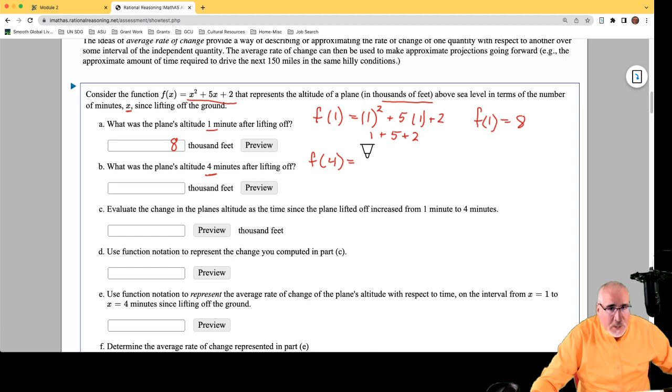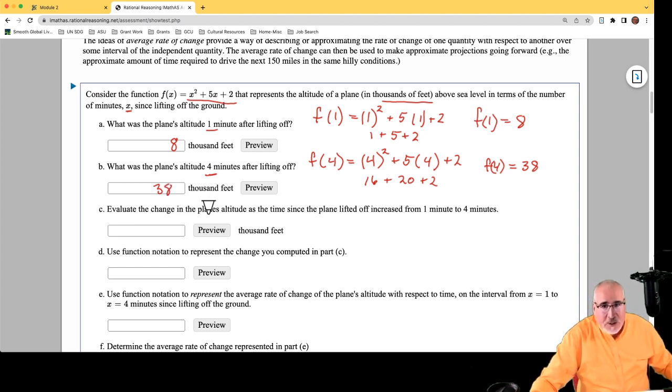And you could use your graphing calculator, look it up on the table if you want, but I'm just going to go ahead and go through the mathematics, since our function is fairly straightforward and the numbers we end up with are fairly easy to work with. 4 squared is 16, 5 times 4 is 20, so 20 and 16 is 36, plus 2 is going to give us 38. So what we have is f of 4 equals 38. So we could fill that in.